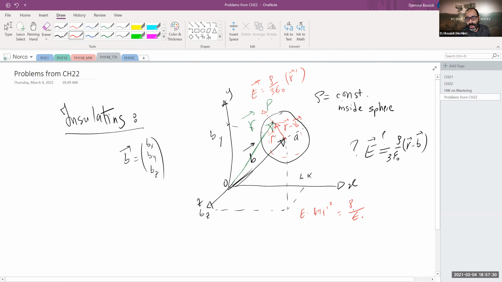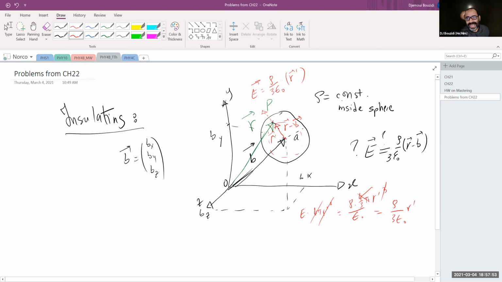The charge enclosed is rho, which is constant, times the volume of the sphere, 4 over 3 pi r prime cubed. Cancel the cube with the r prime, cancel the 4 pi with the 4 pi, and you are left with rho over 3 epsilon naught r prime.